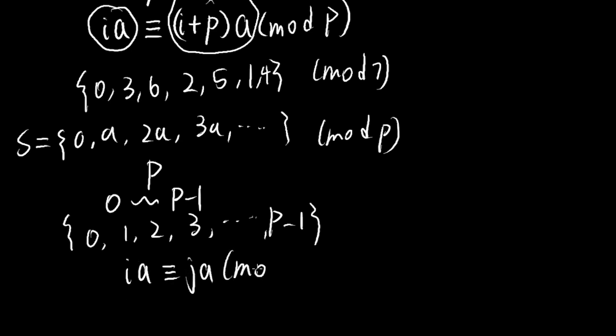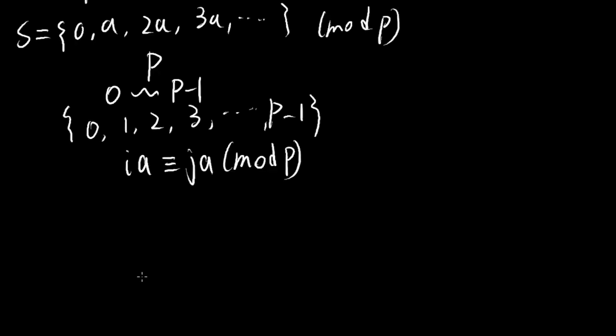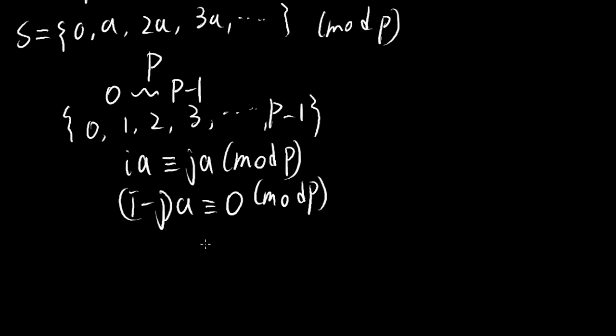If they are congruent mod p, then we get (i minus j) times a is congruent to 0 mod p. But we know a and p are co-prime, right? It means that p divides i minus j.